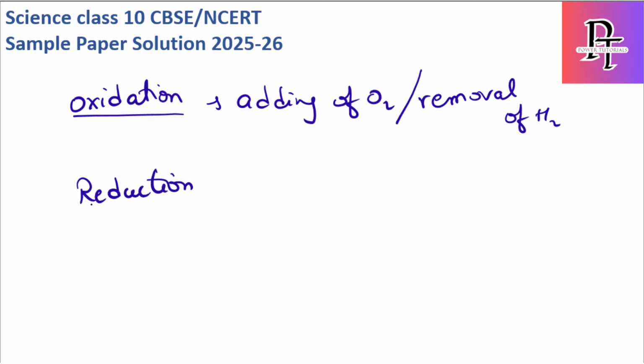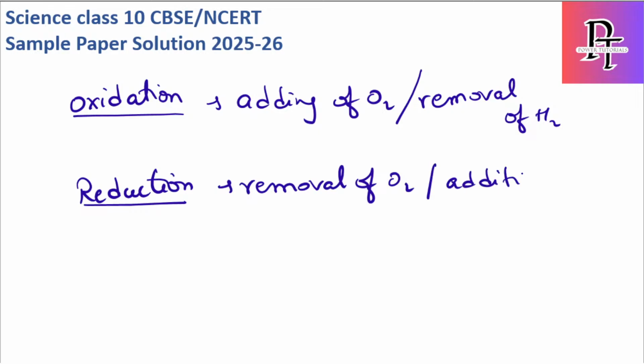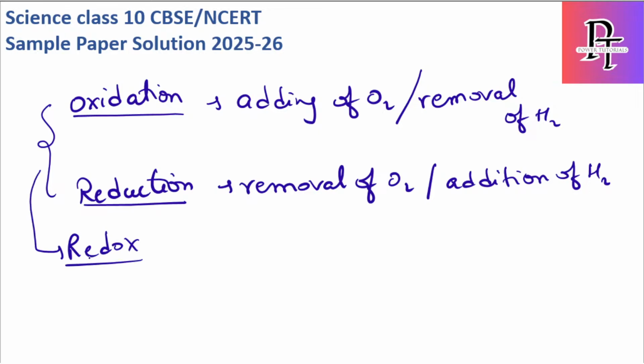Reduction is just the opposite of the previous case, that is removal of oxygen or addition of hydrogen. If any of these two happens, it belongs to oxidation and reduction. So what is redox? If in a reaction both happen, oxidation and reduction, then that combination is called a redox reaction.